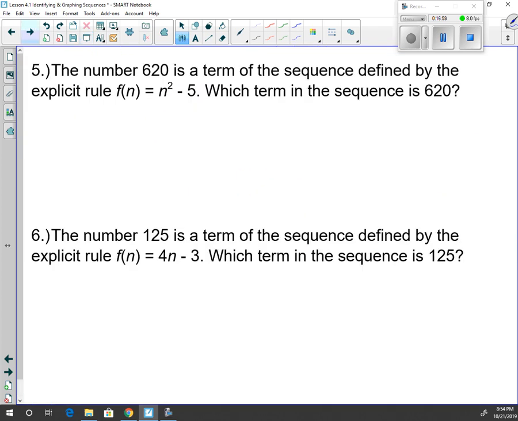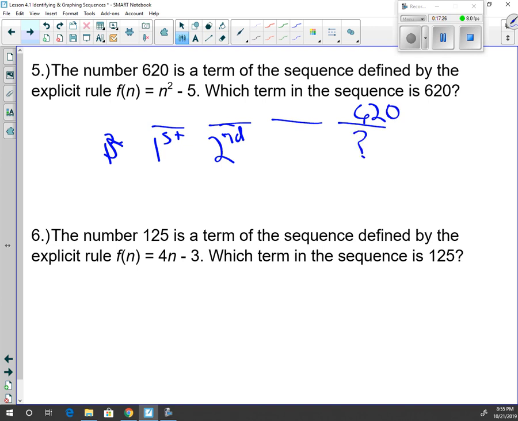Now, these two problems are the exact opposite, right? The number 620 is a term of the sequence. What that means is that I have the first term, which I don't know, second term, which I don't know, and I don't know what term number this is, but one of these is 620.